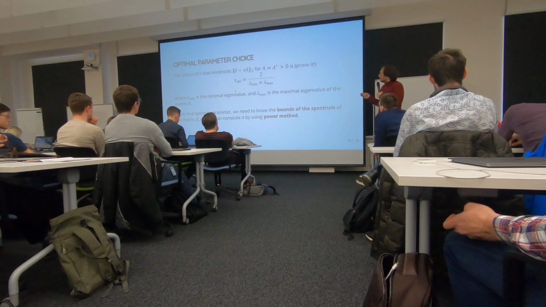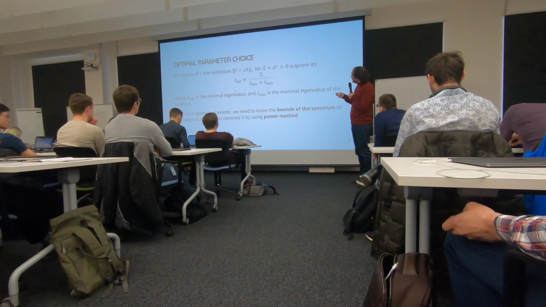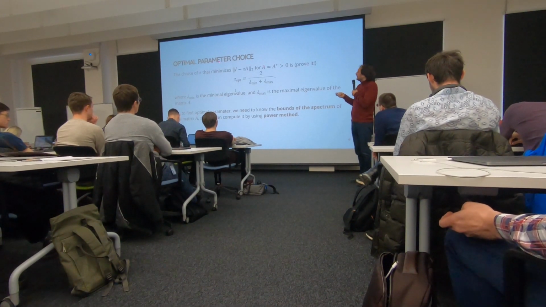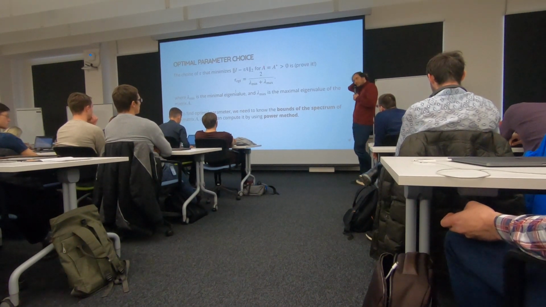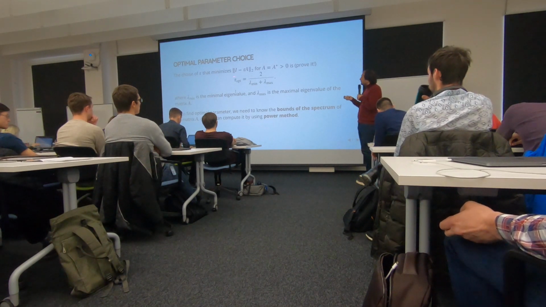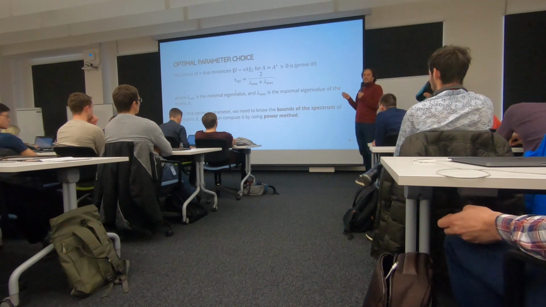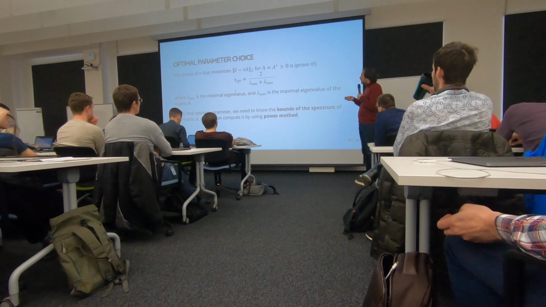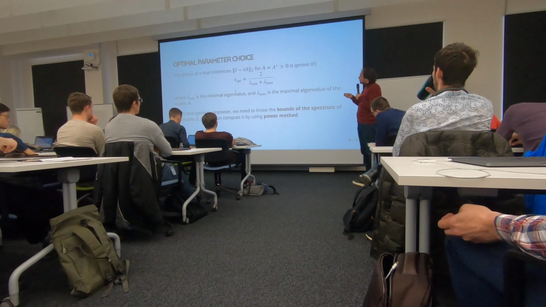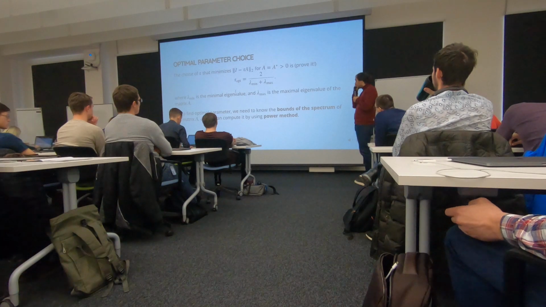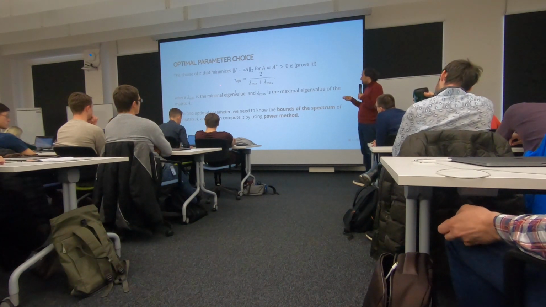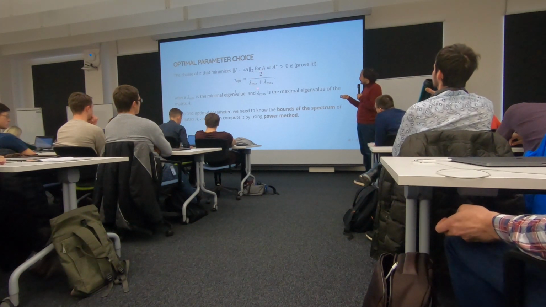We'll see it. So if you have a symmetric positive definite matrix, then the spectral radius coincides with the spectral norm. And if you want to minimize the spectral norm of this iteration matrix, that would be an optimal parameter. It's related to the minimal and the maximal eigenvalue. So the optimal parameter is just this.